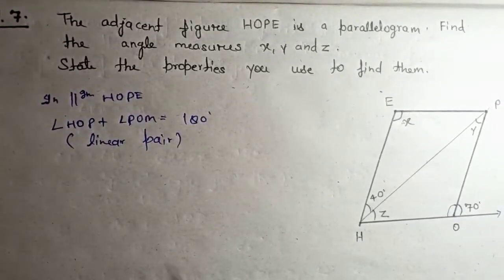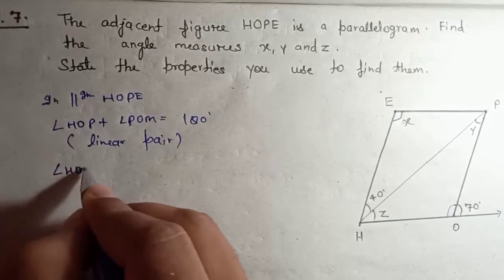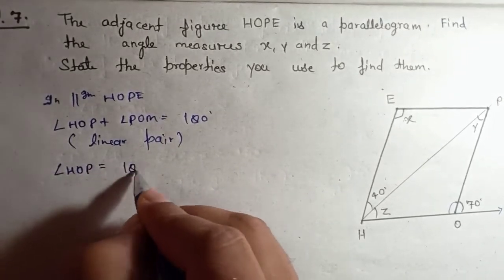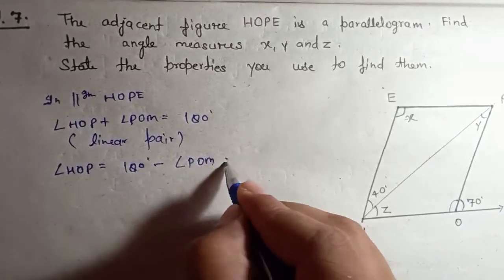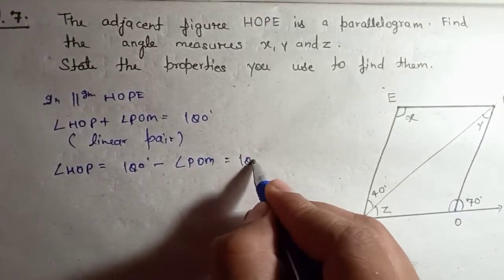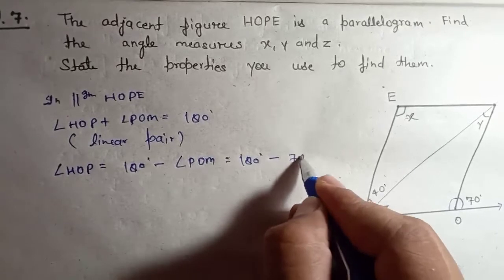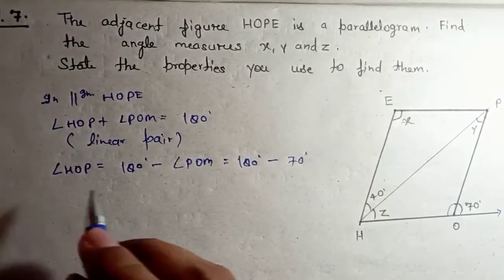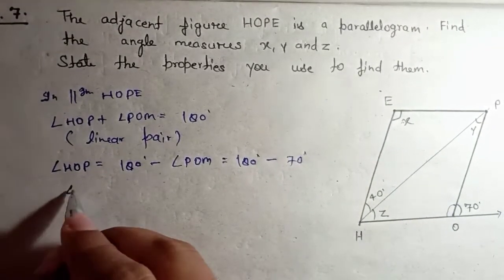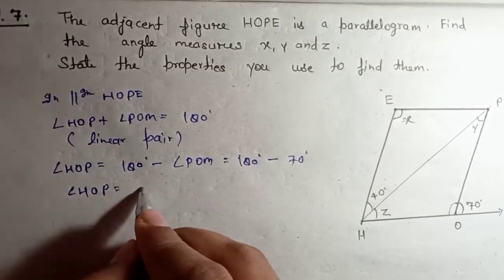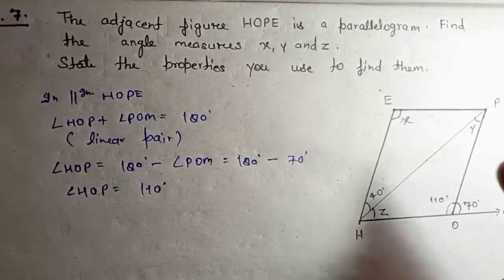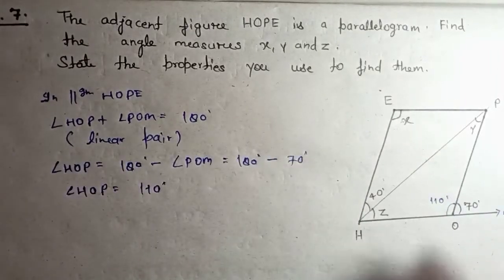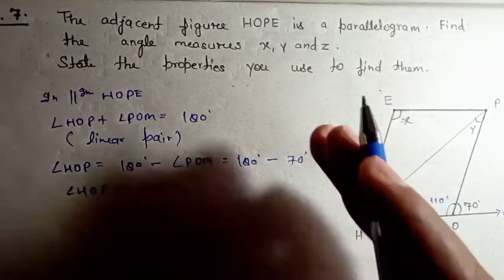So we have angle HOP is equal to 180 degrees minus angle POM, and that is equal to 180 degrees minus 70 degrees. So we get angle HOP is equal to 110 degrees. Now, angle X and angle HOP are opposite angles in a parallelogram.